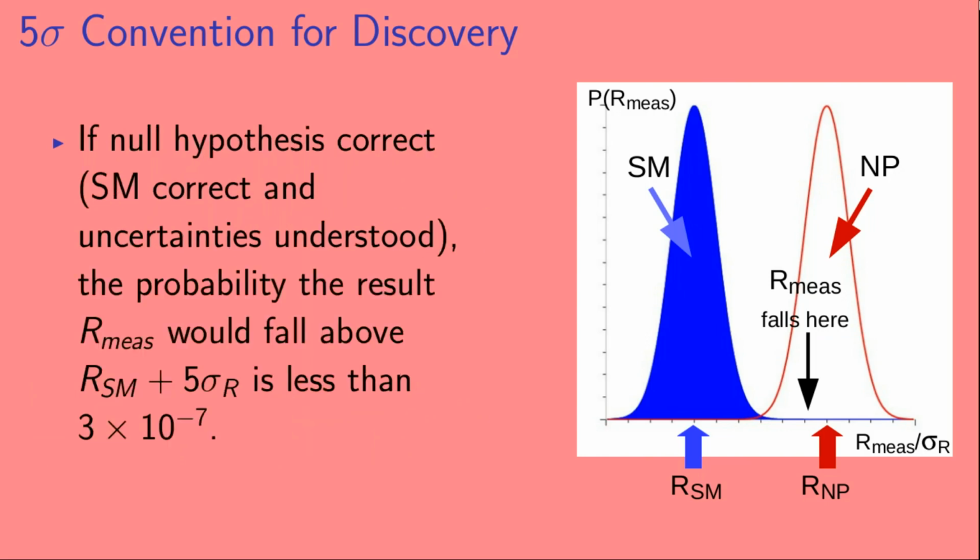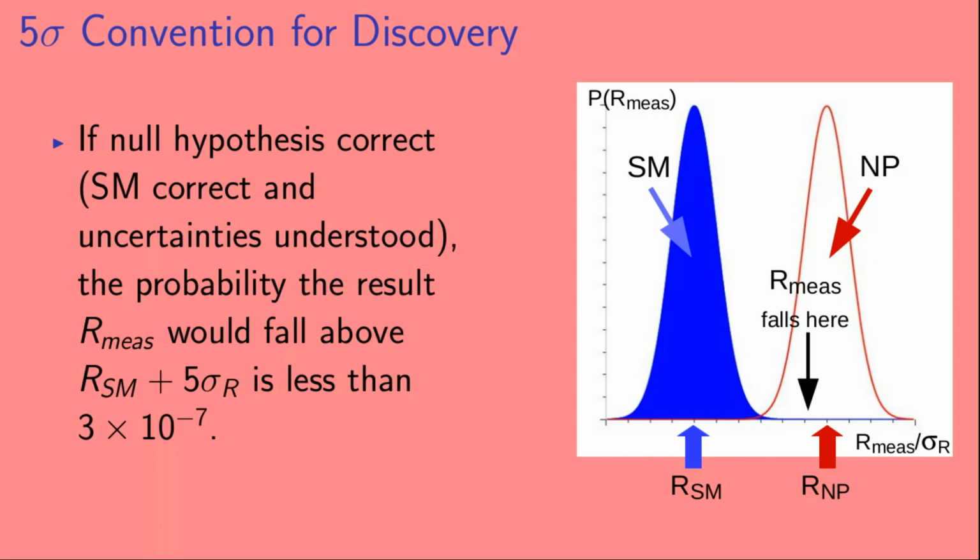Now, if the null hypothesis is indeed correct, so this means that the standard model is the correct model of nature, and our uncertainties are understood, so we have the width of the Gaussians in this plot correct, then the probability that the result R measured would fall above RSM plus 5 sigma R is less than 3 times 10 to the minus 7.